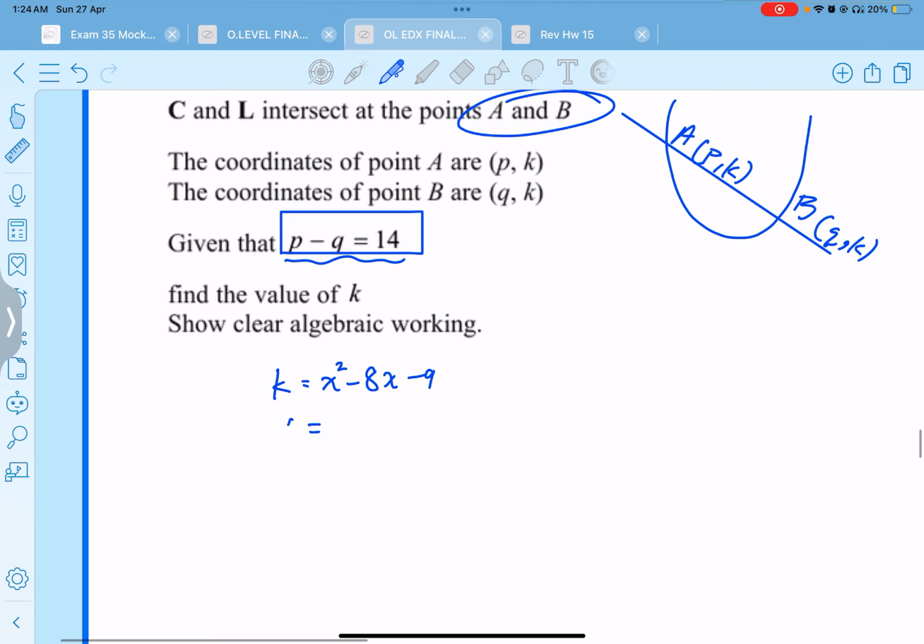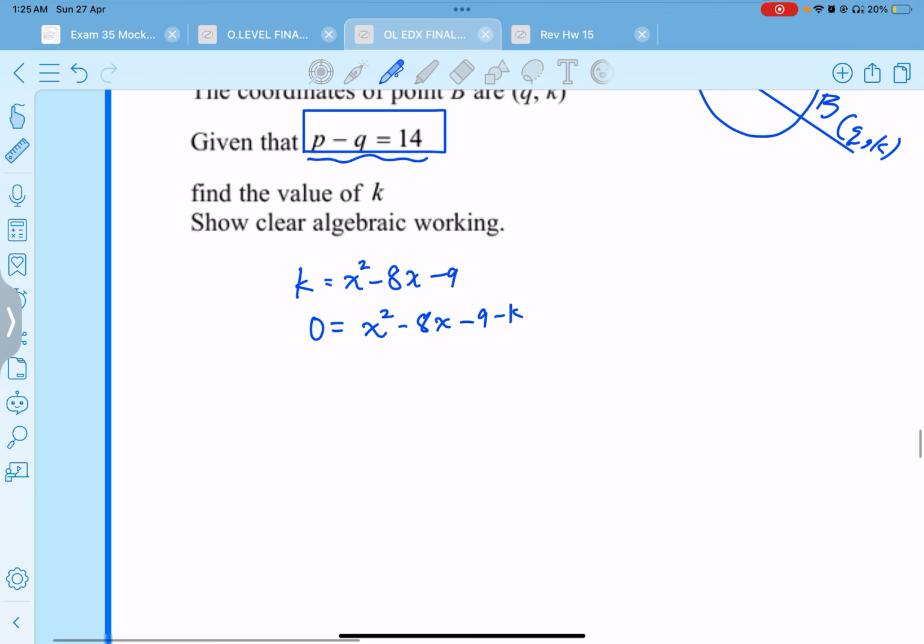No worries, don't panic. Just add it to the other side with the other terms, and then use this formula to make x to the power of 2 a subject.